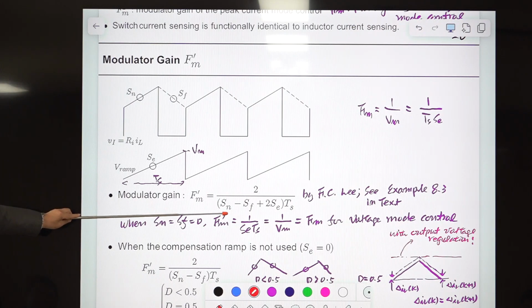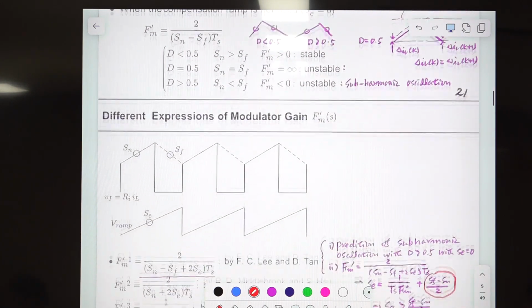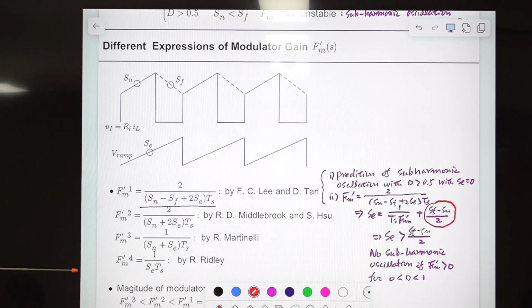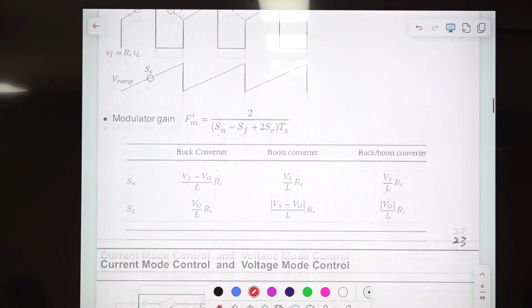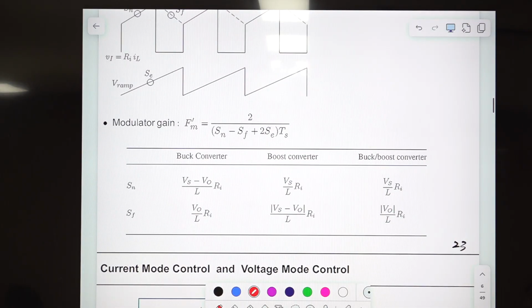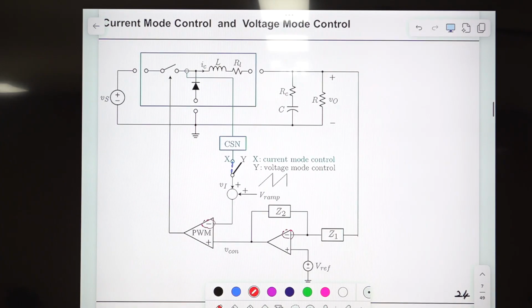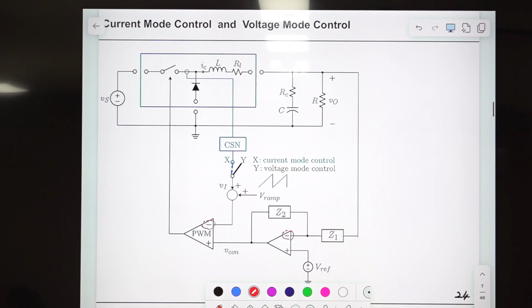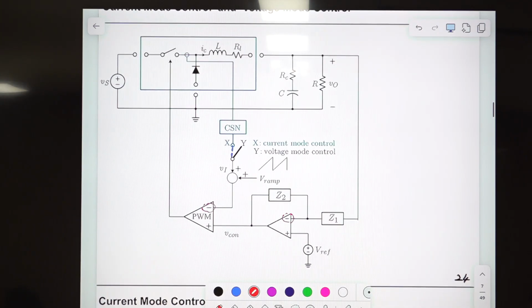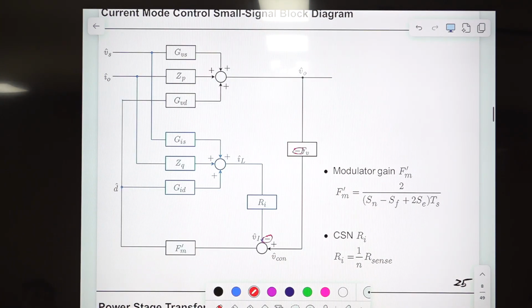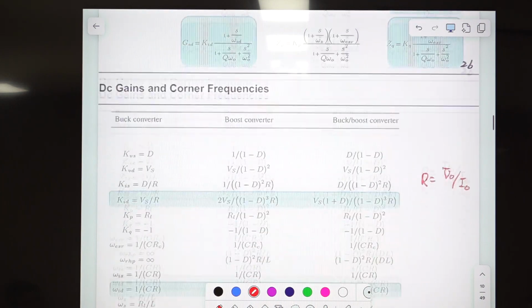This is the best choice, and I introduced 3 additional different ones, and this is the expression for the SN and SF. This is a general circuit diagram which represents 6 different converters with different control schemes, and this is the block diagram representation, and the inside of the block diagrams is summarized in this table here.